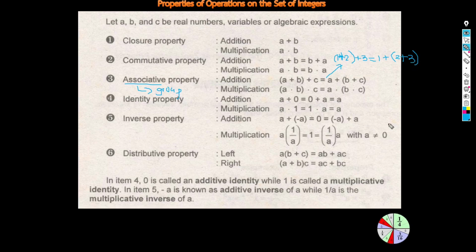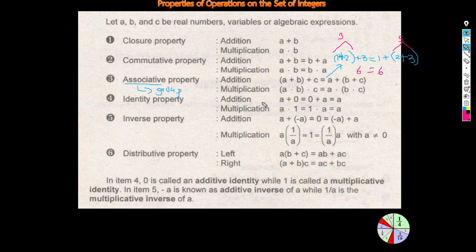You can see that 1 plus 2 is equal to 3, and when you add 3, it gives you 6. And 2 plus 3 gives you 5, and when you add 1, it gives you 6. That is the associative property with regard to addition.